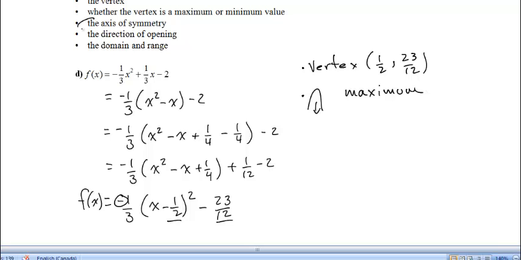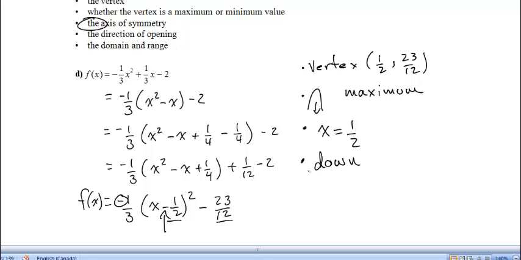The axis of symmetry is always found here. It's based on what the x-coordinate of the vertex is. So x minus 1/2 means the vertex was moved to the right 1/2, so our axis of symmetry is x equals 1/2. Since we have a maximum, the direction of opening is down.